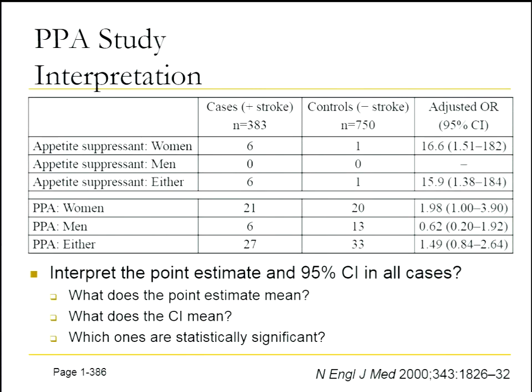All right, so this point estimate of 16.6 means a 16.6-fold increase in the risk of stroke in individuals who receive phenylpropanolamine. All right, large confidence interval, huge confidence interval. Because that confidence interval does not include 1, that's a statistically significant association. All right, 16.6-fold increase in odds, that was statistically significant.